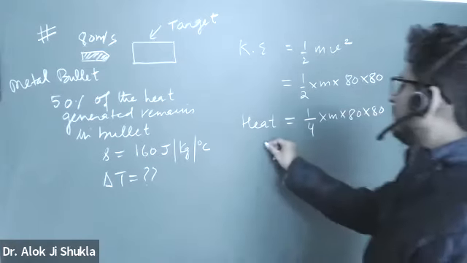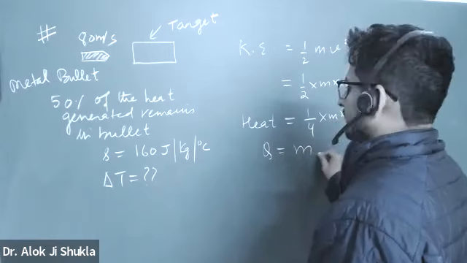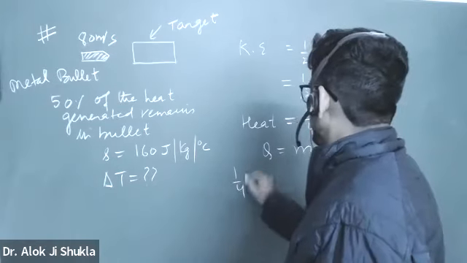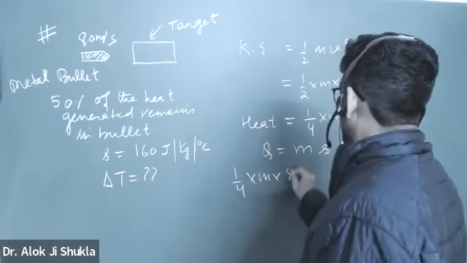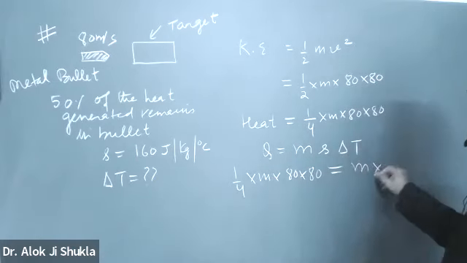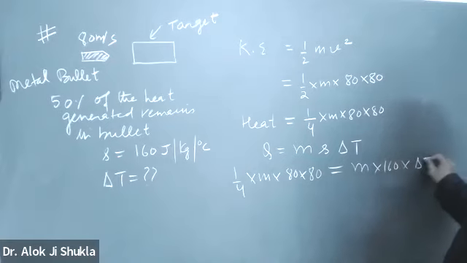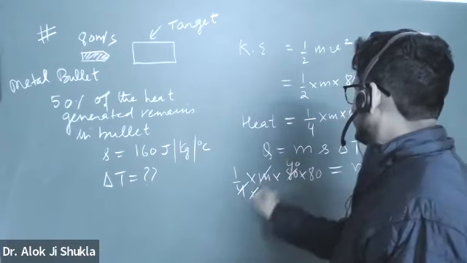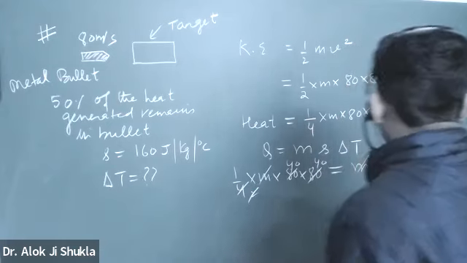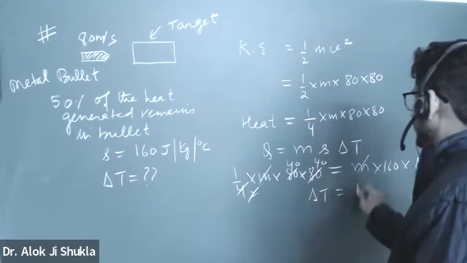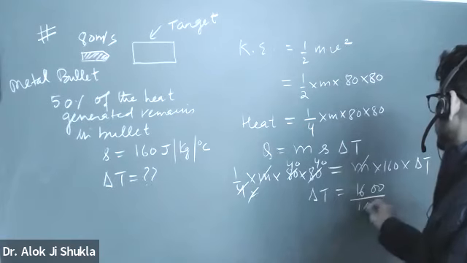And you know heat Q is equal to m s delta T. So that is 1 by 4 into m into 80 into 80 is equal to m into 160 into delta T. Correct? m and m will cancel. 2, 4 and this delta T will become 4 4 is 16.